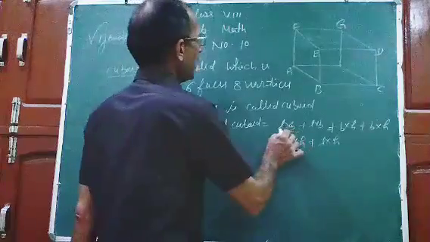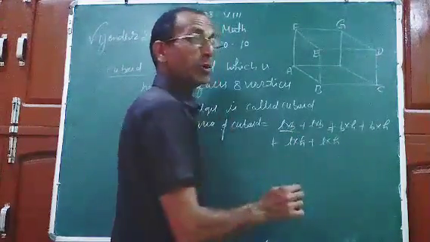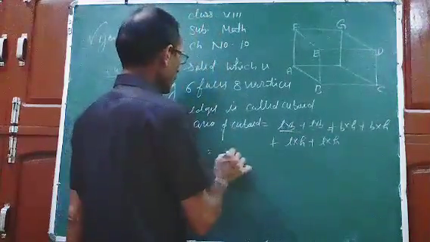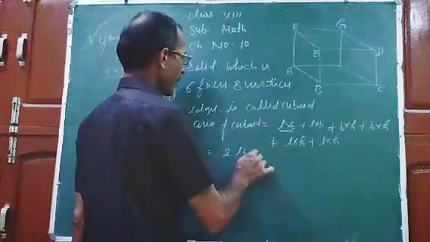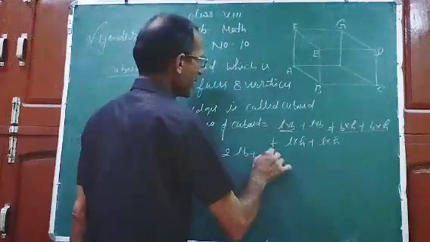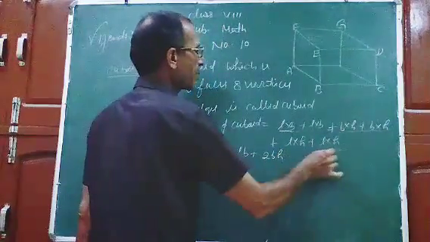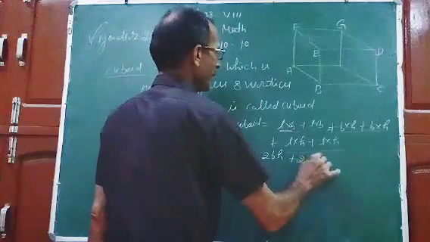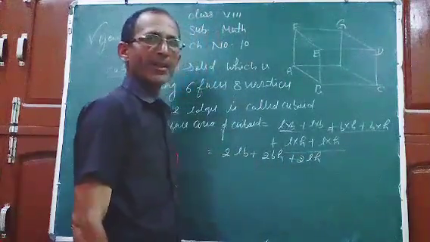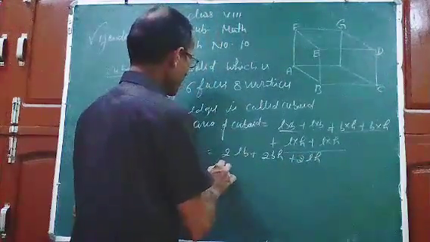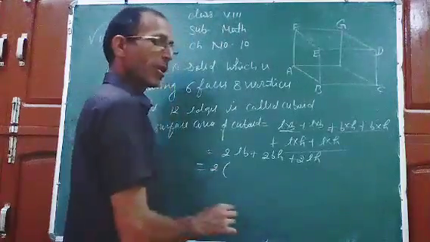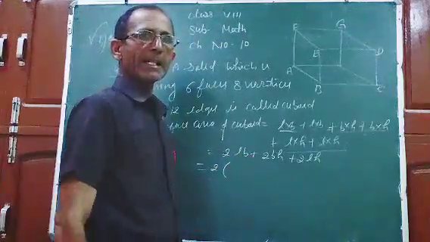Okay. Now length multiplied by breadth 2 times. So it means 2LB, 2BH, plus 2LH. So you can take 2 common. Common means which can divide each term.